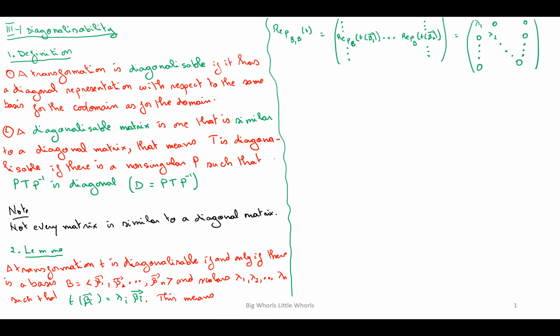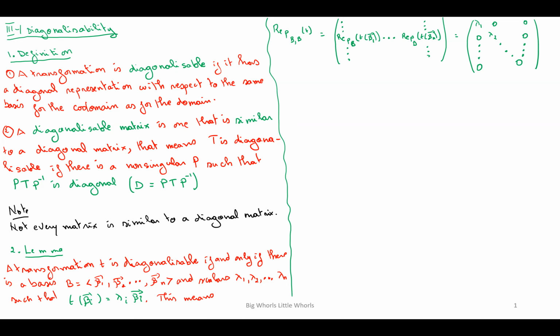We have seen in part 1, eigenvalues and eigenvectors, and here also in this lemma we say that a transformation is diagonalizable if and only if we can find a basis and scalars such that the transformation of the vectors of that basis is equal to lambda multiplied by those vectors.